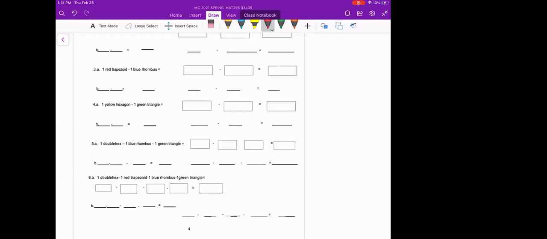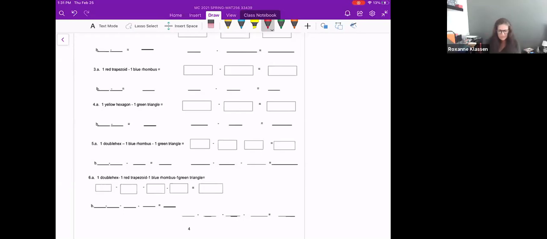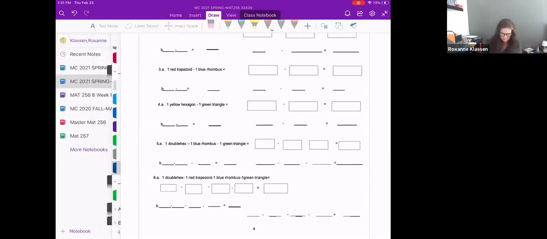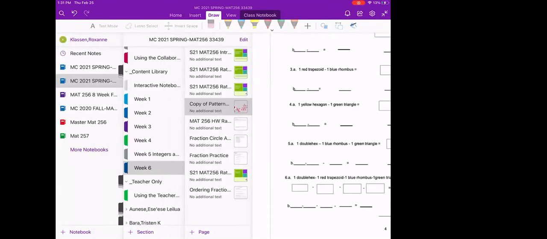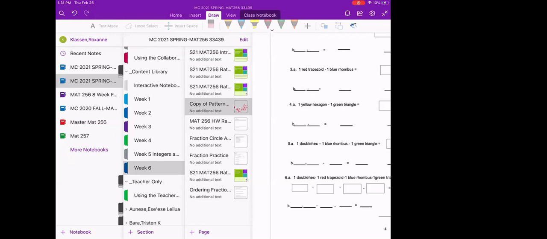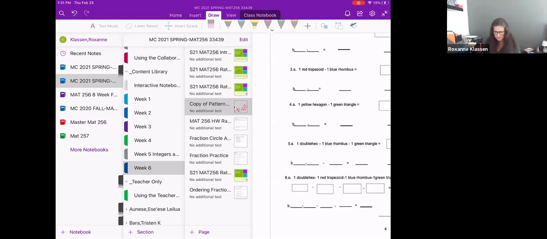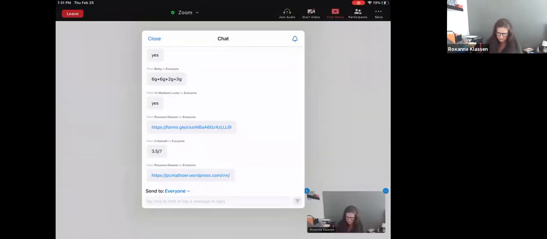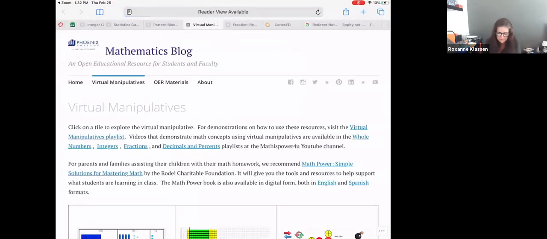Is the pattern blocks virtual manipulative in our OneNote or in your OneNote? I can put the link there if you want. Yeah, that would be nice. And if you just bookmark this, Vanessa, this will be the easiest way, because this is what I do. I bookmarked this website and I can share my screen and show it to you. I'll put it in the chat right now. So this website is where I use all the virtual manipulatives from.